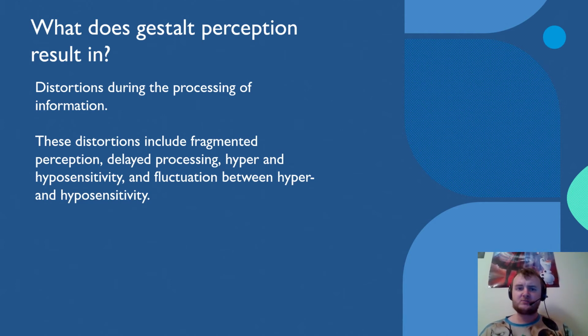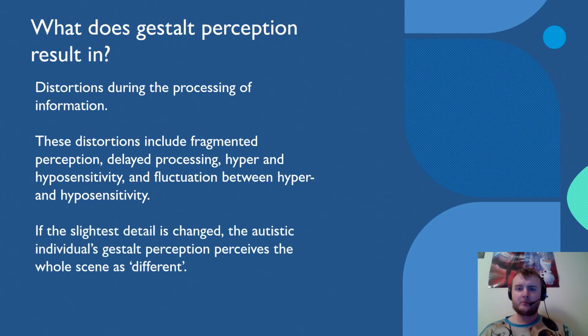But what is quite important is the next point. It is common that autistic people like myself do not react well to change, but do like routine and structure. If the slightest detail is changed, then the whole scene, i.e. the gestalt, becomes unfamiliar. For us to be able to recognize things, they must be exactly the same as we have already experienced.